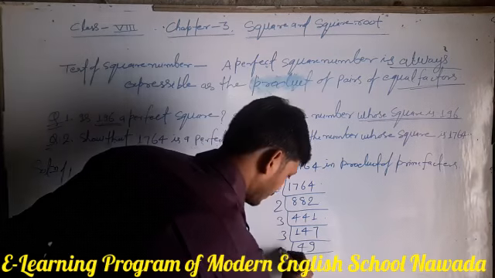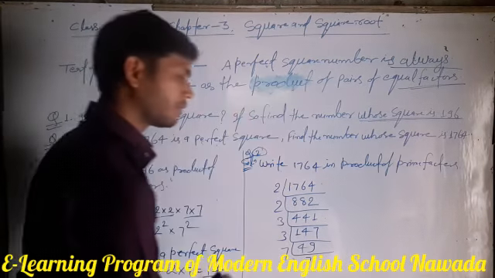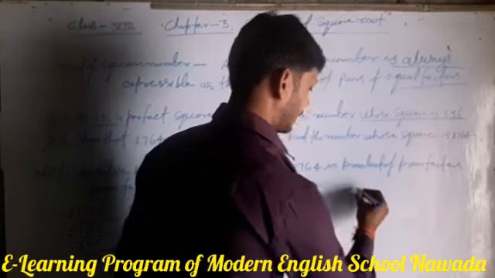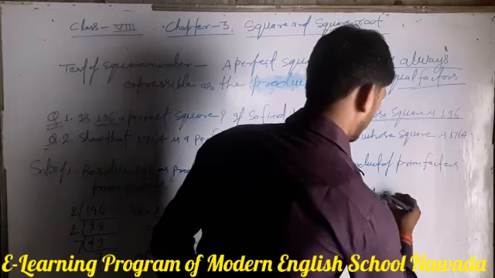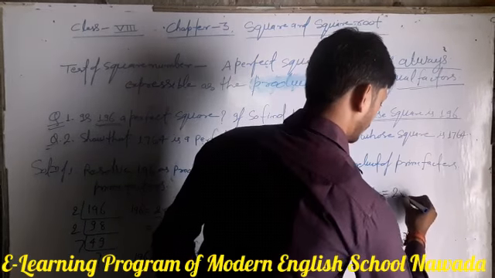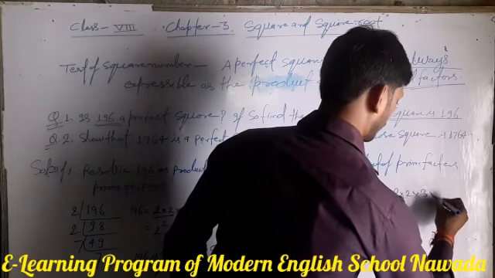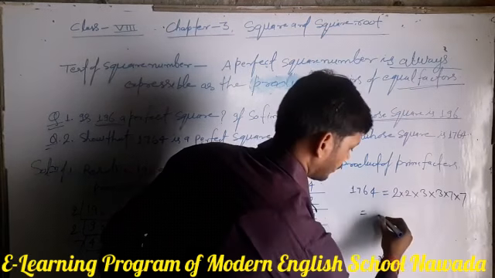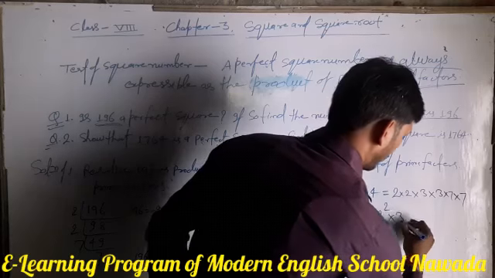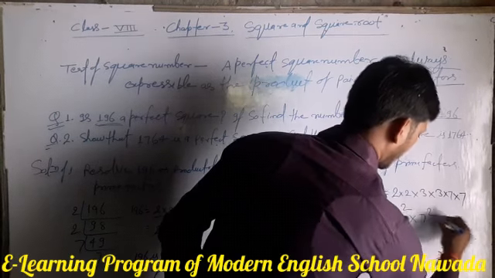After that, 7 times 7. That means you can write 1764 is equal to 2 into 2 into 3 into 3 into 7 into 7. That means 2 square into 3 square into 7 square.